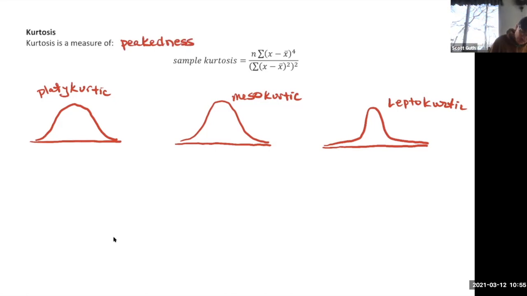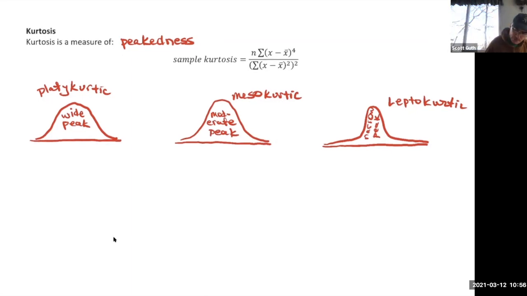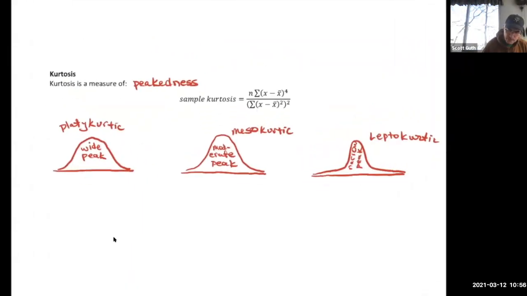Right? So with the platykurtic, we have a wide peak. Okay. Mesokurtic, we have a sort of a moderate peak. And then leptokurtic, we're going to have a narrow peak. How do I squeeze that in? Sideways. Okay. That says narrow. And so the kurtosis measures this.